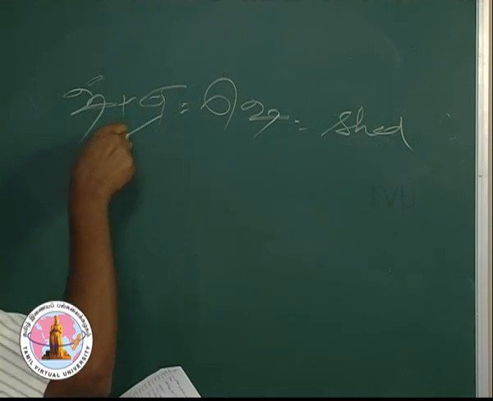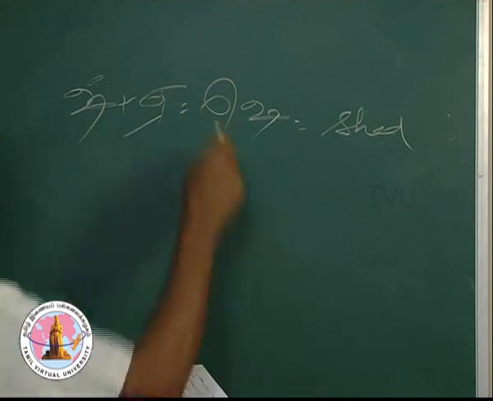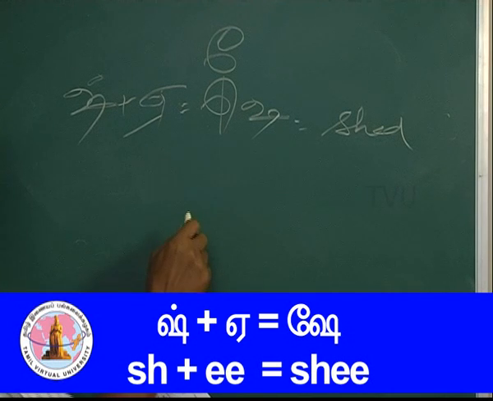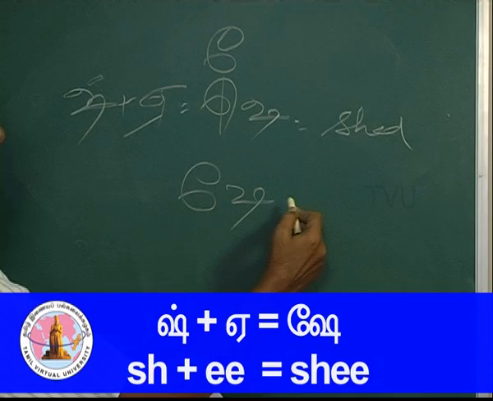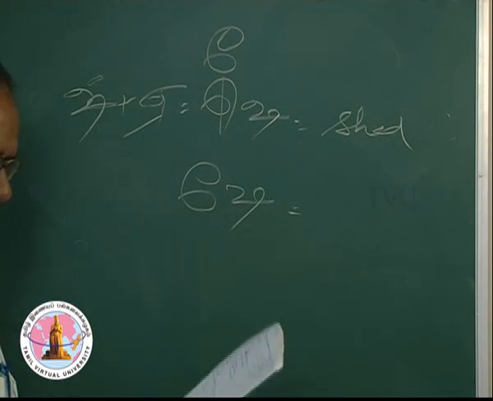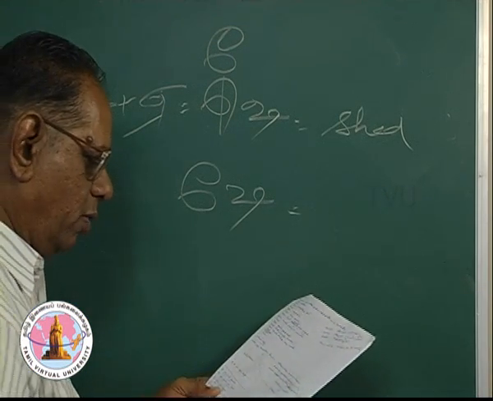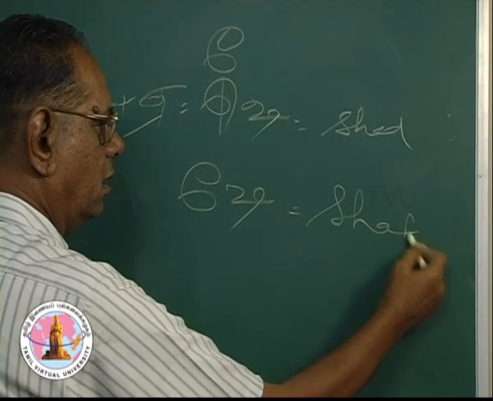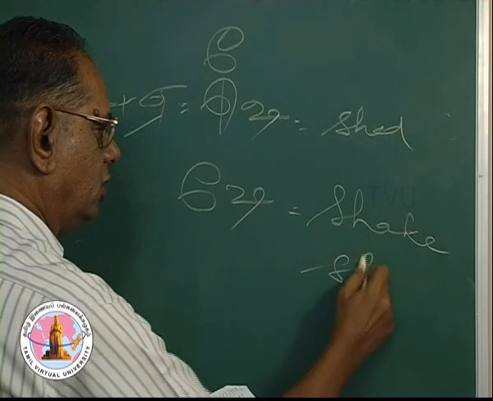When this A, the longer one, this marker is changed into a different shape. This is She, as you have in shake or shape.